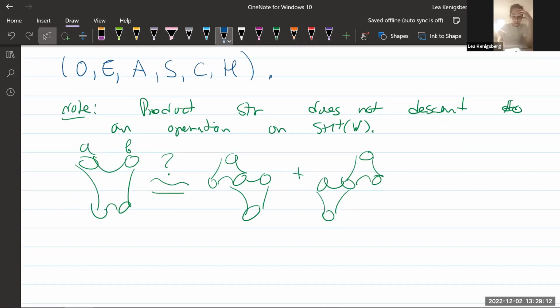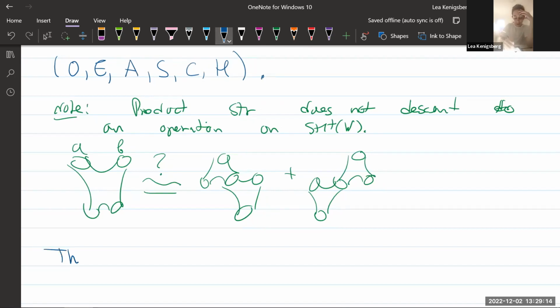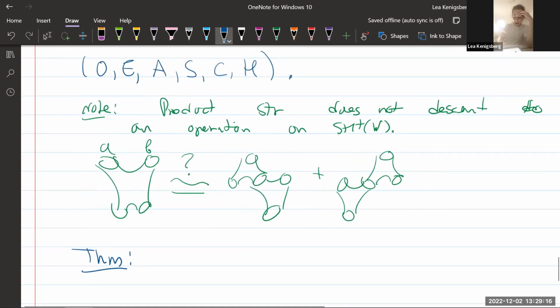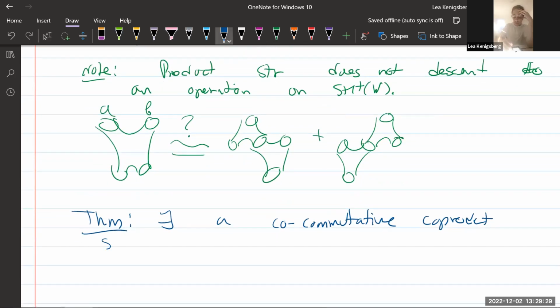So the first theorem in my thesis is that there exists a co-commutative coproduct structure on symplectic homology.